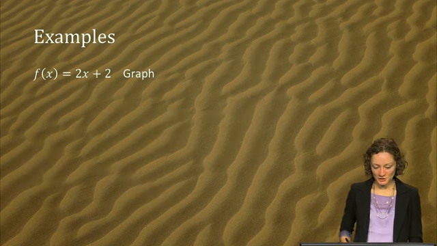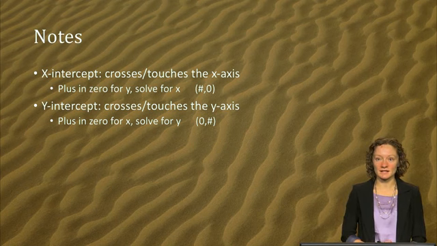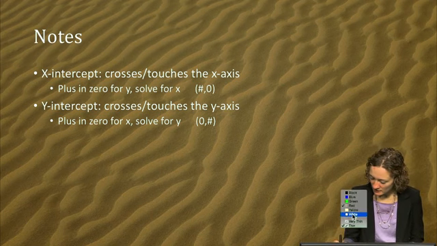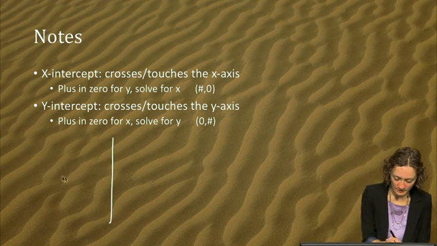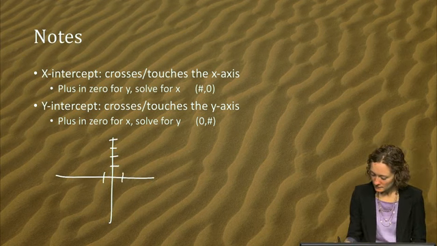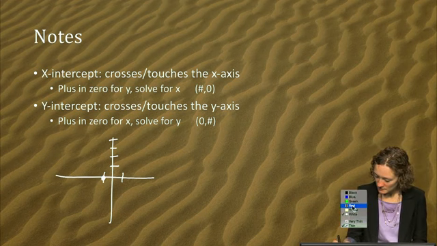Another method is to use the intercepts. So here's our definition for x and y intercept. An x-intercept is, let's get a quick sketch of that line that we just had.